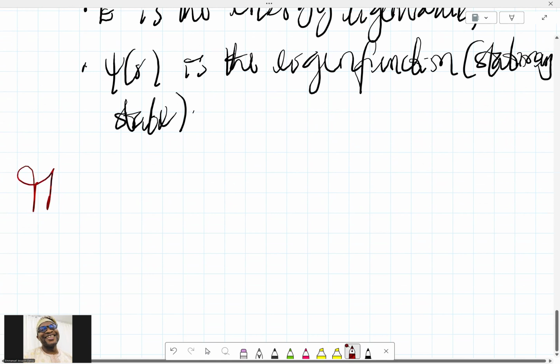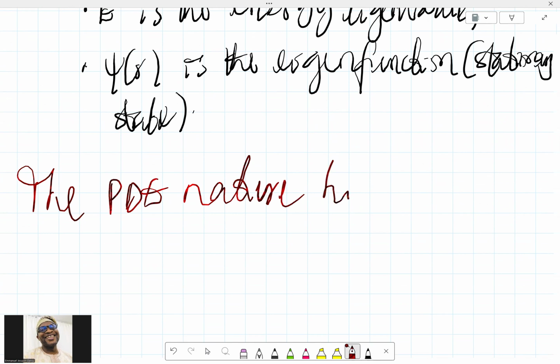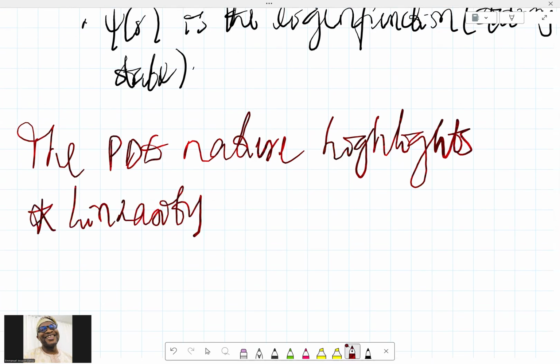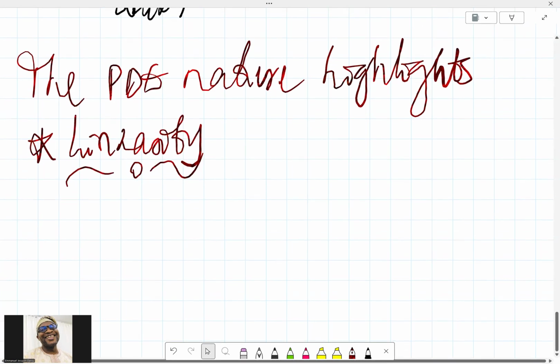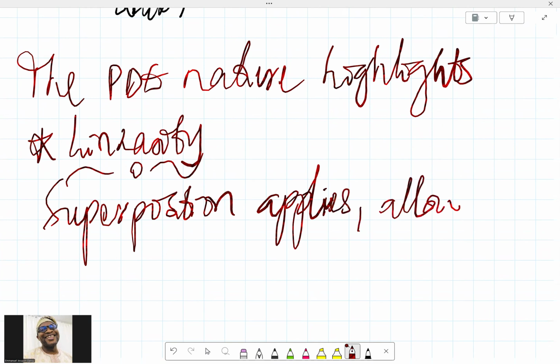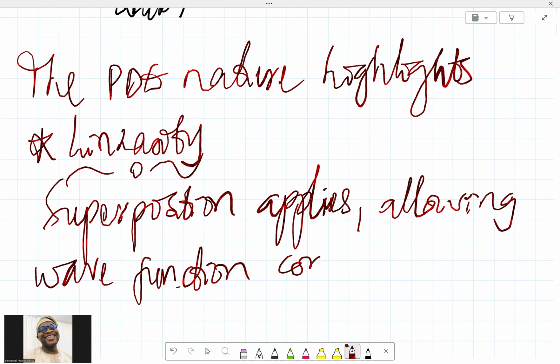Okay, so the PDE nature highlights, one, linearity. So here superposition applies, allowing wave function combinations.